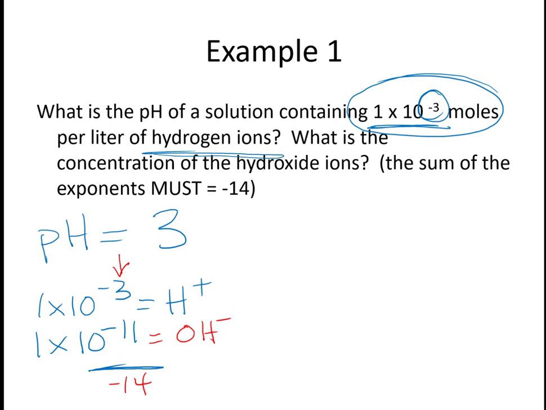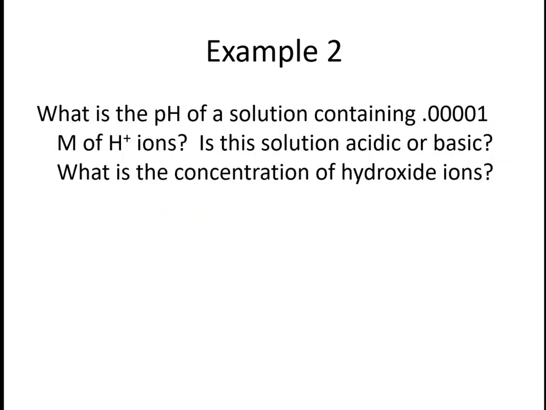Let's look at another one. What is the pH of a solution containing 0.00001 moles of hydrogen ions? Is this solution acidic or basic? And what is the concentration of the hydroxide ions?